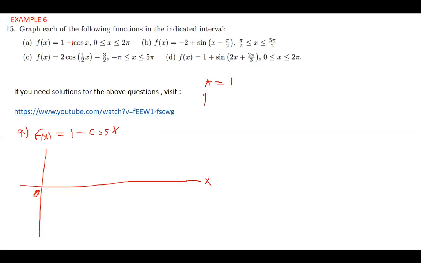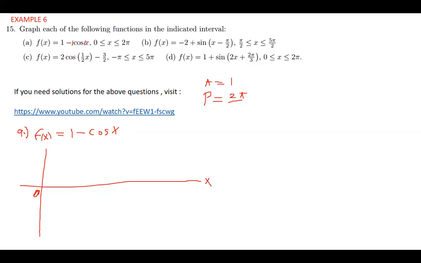And then my period would be nothing but 360, or since my given domain is in radians, I'm going to say 2 pi divided by the coefficient of x, which is 1.